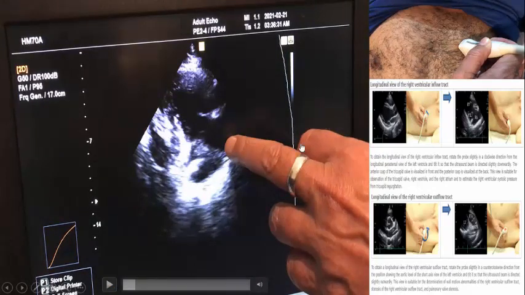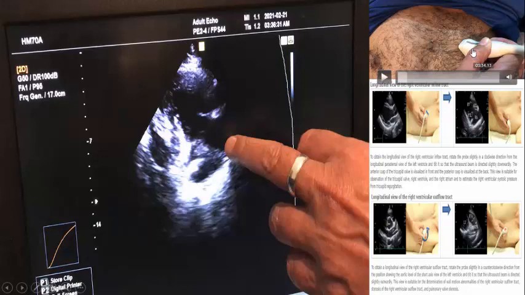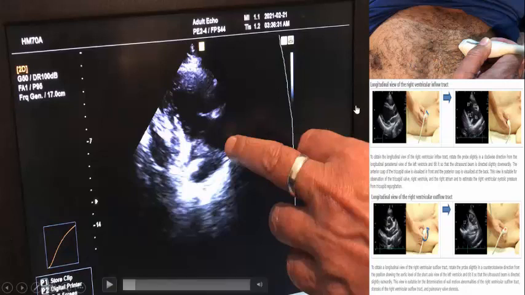Just tilting downward to direct the ultrasound beam towards the right hip, you will see the right atrium away from your probe, and the tricuspid valve and the right ventricle. And if you apply the color, you can very easily measure the tricuspid valve maximum velocity through this tricuspid valve.